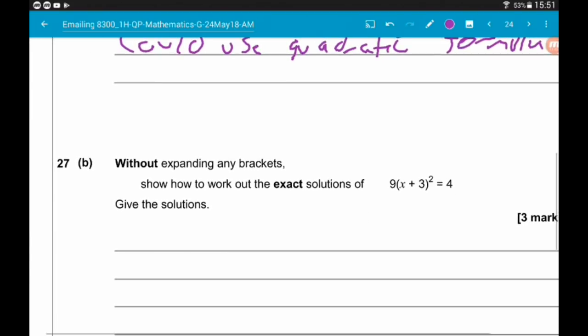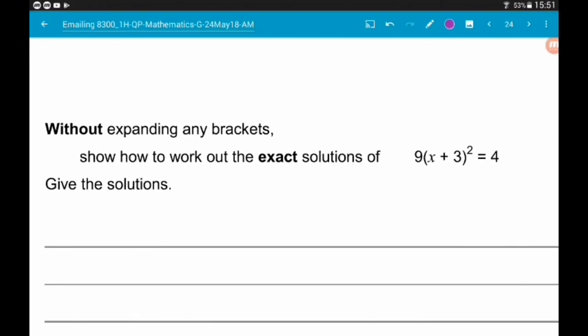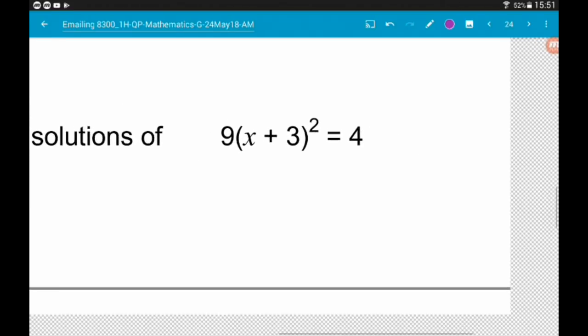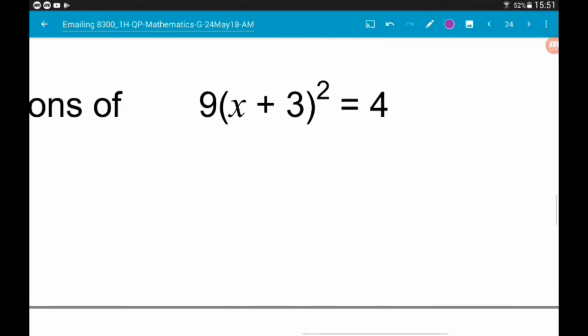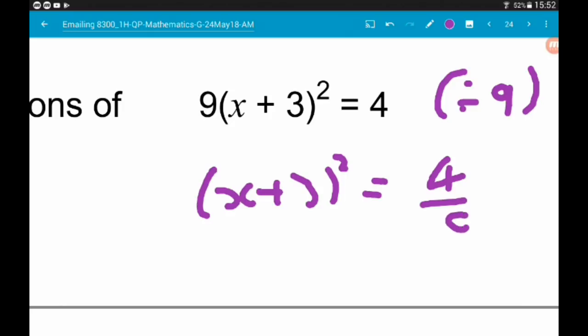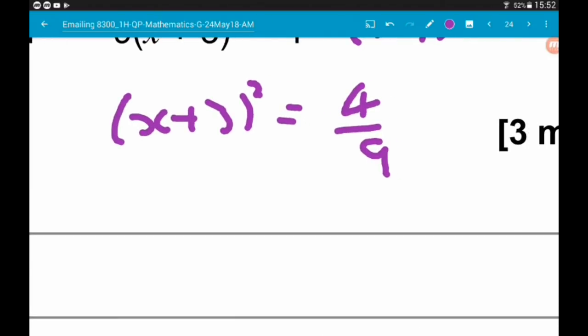Okay, then part B says, without expanding any brackets, show how to work out the exact solutions of 9 lots of x plus 3 squared is equal to 4. We're not allowed to expand the brackets, which is good. First thing we can do is divide through by the 9. That gives us x plus 3 squared is 4 over 9. We can then square root both sides.